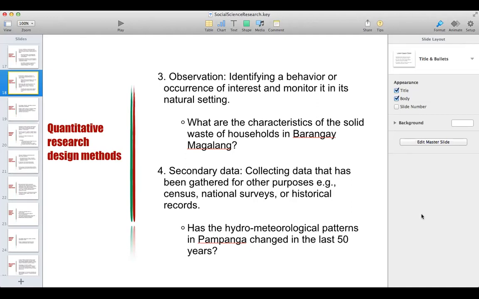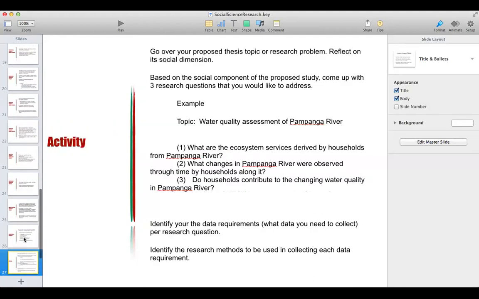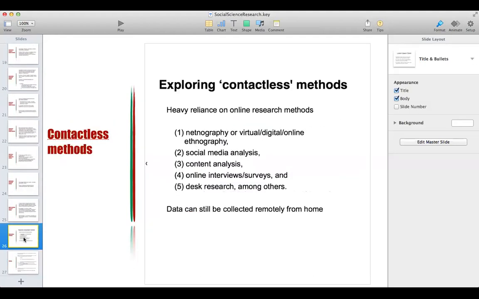I have another question here. Good morning po. How can we apply ethnography to residents living in the slums where majority of them have limited access? Yeah, that's a problem. Napaka-problema ng online methods. I guess that's really the challenge now, right? Yung pag-explore ng contactless methods. Why?